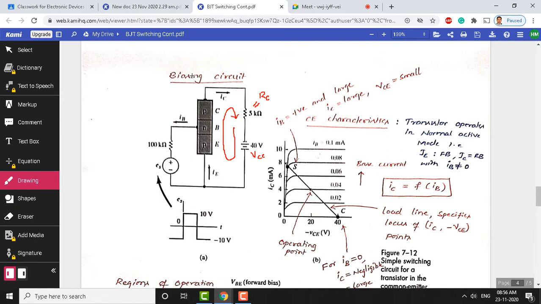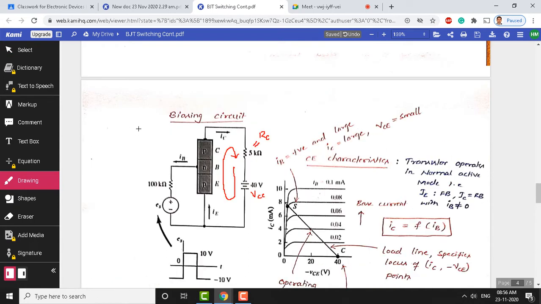Now applying Kirchhoff voltage law for the collector emitter loop shown here, what is the equation?